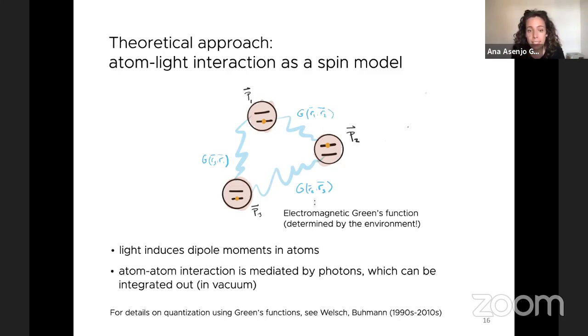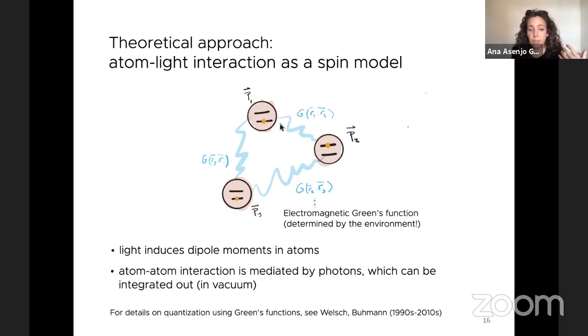So imagine you have an ensemble of atoms. They can be ordered, disordered, it doesn't matter. And when light is impinging on the atoms, it's going to induce an electric dipole moment. Now this means that these atoms are going to be emitters, and they're going to radiate this field. And there is going to be an interaction mediated by photons between these atoms.